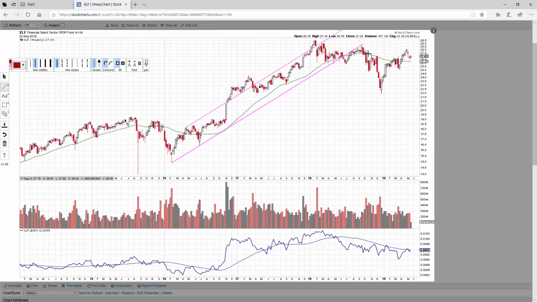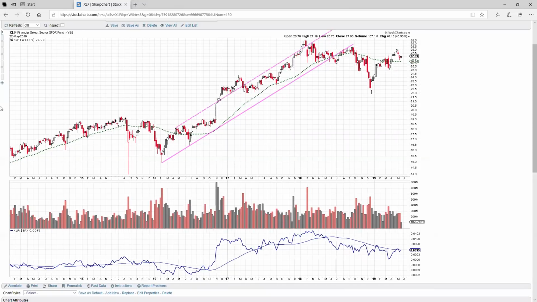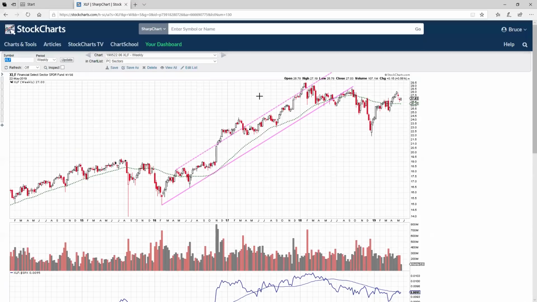So this can be important, and an important vulnerability for groups in an uptrend is when they fall out of their trend channel, and then a big failure which produced relative weakness, which means that the financials were weaker than the market here. But now all of a sudden they're trying to be a market performer, and in the last little bit they've been stronger. So let's keep an eye on financials, because I think financials are a very good underpinning for the market, and we can hope for good conditions there, which I believe would be very good for the market as a whole.